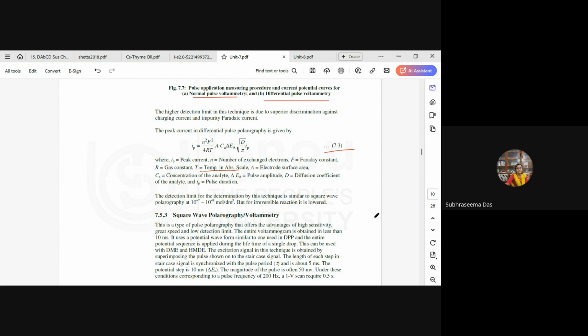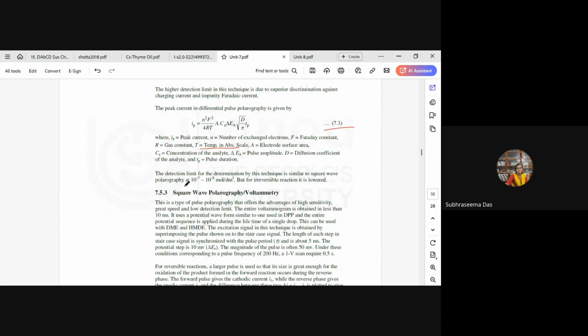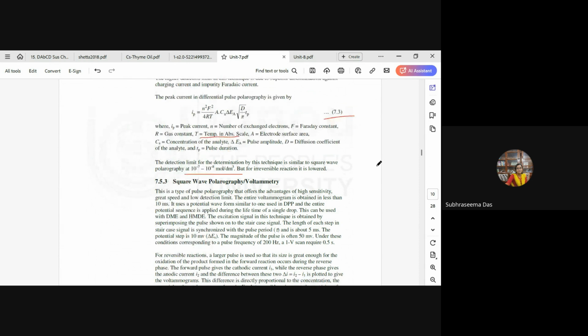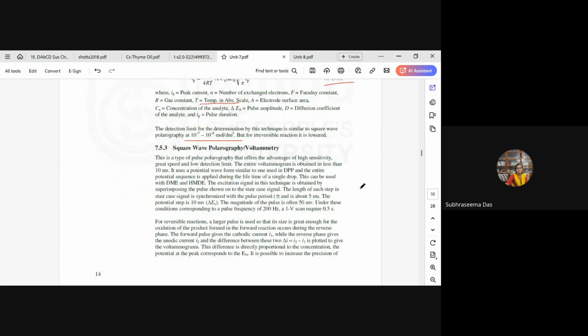The detection limit for the determination by this technique is similar to square wave polarography, at 10 to the power minus 7 to 10 to the power minus 8 moles per liter. But for irreversible reactions, this value is lowered.